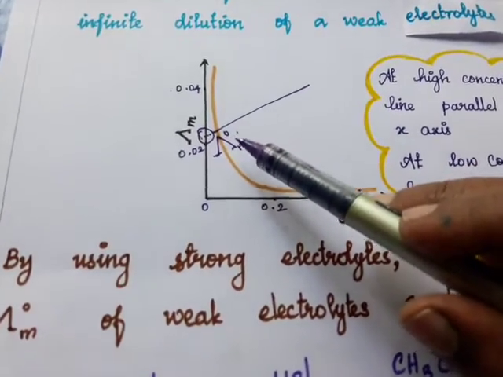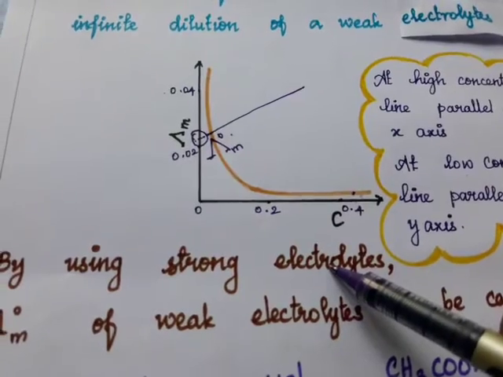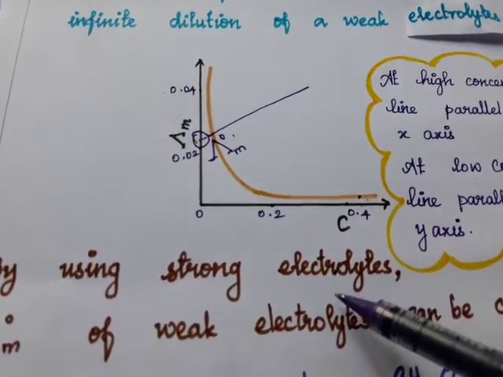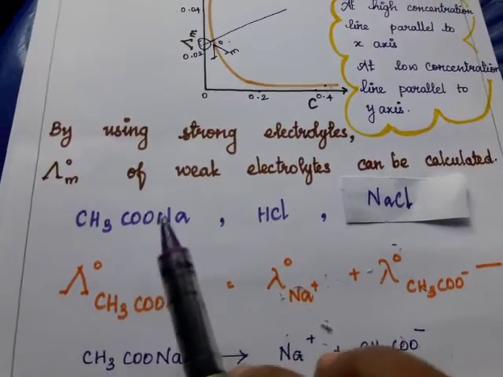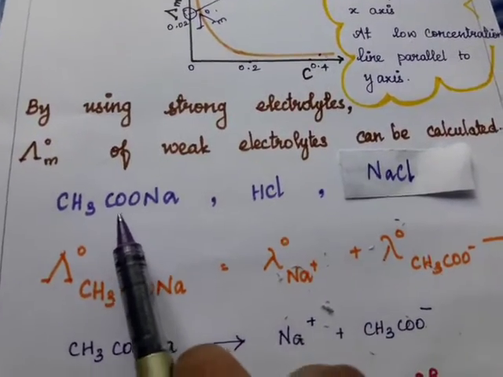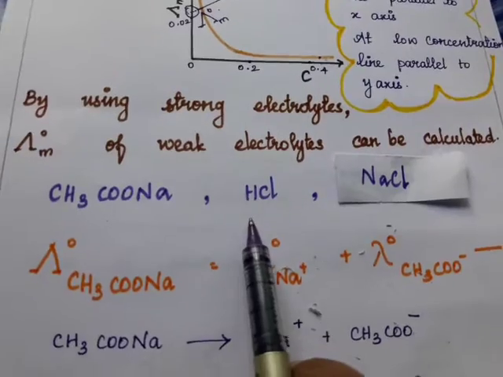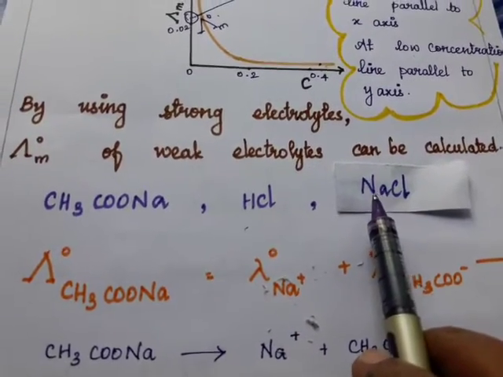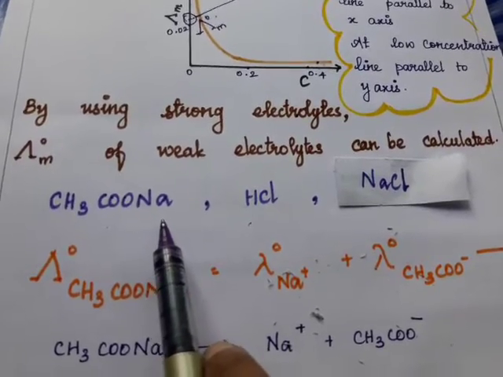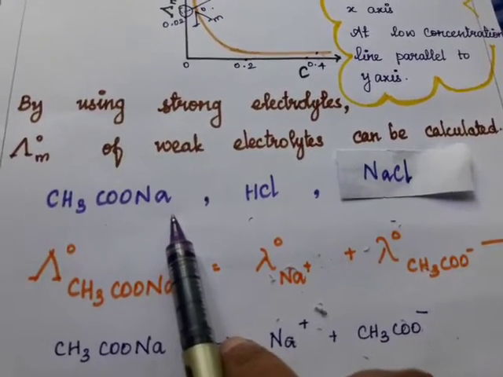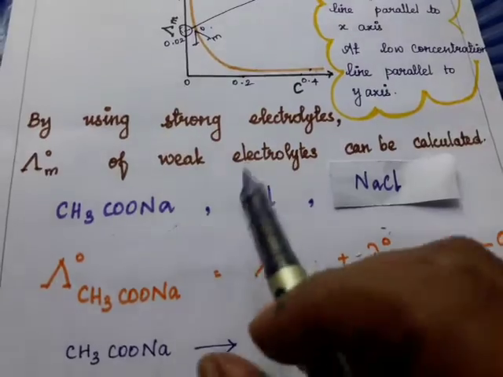So we are going to use the strong electrolytes to find the limiting molar conductance of weak electrolytes. Let me take three strong electrolytes: sodium acetate, hydrochloric acid, and sodium chloride. By using these three strong electrolytes, we are going to find the limiting molar conductance of the weak electrolyte.